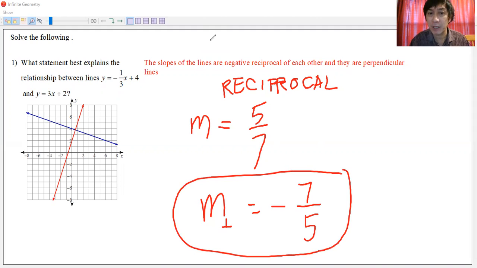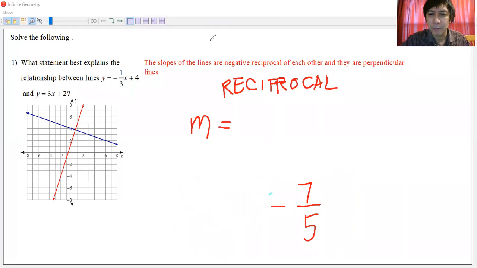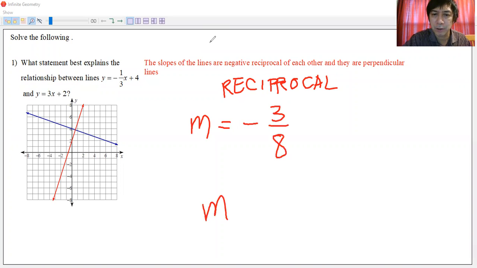If it comes from a negative number, for example, if the number is negative, say for example, negative 3 over 8, what is the negative reciprocal? Negative of negative becomes a positive. And then 3 over 8 becomes 8 over 3.